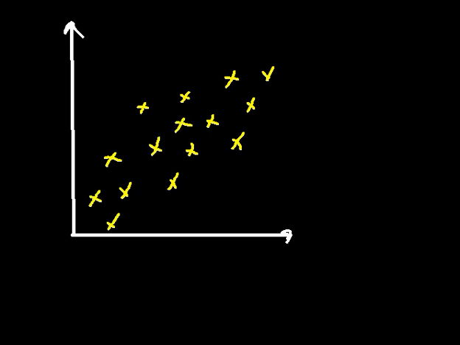So we can have something like this. Let's say we have this case. This is what we call a positive relationship, because the plots are showing a positive pattern, where one variable increases and the other also increases.